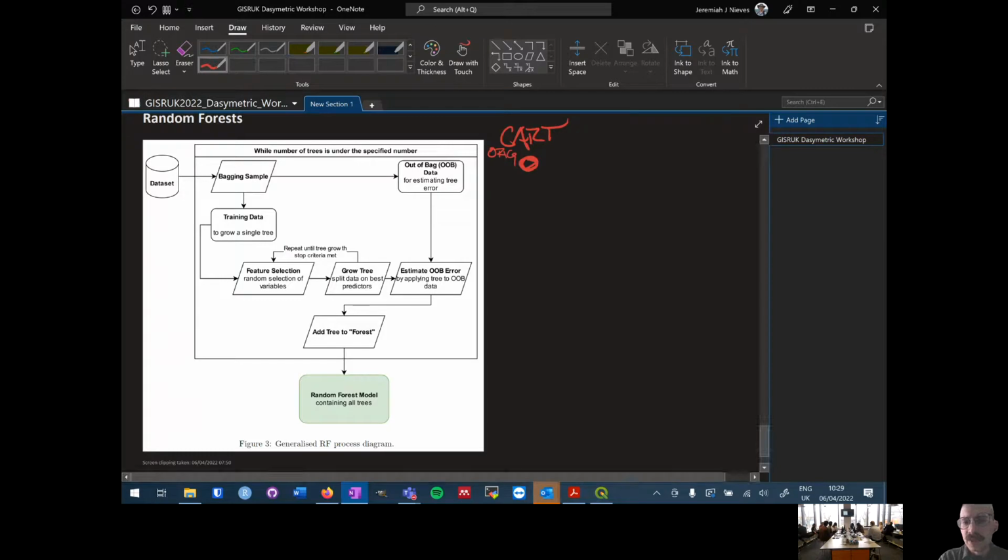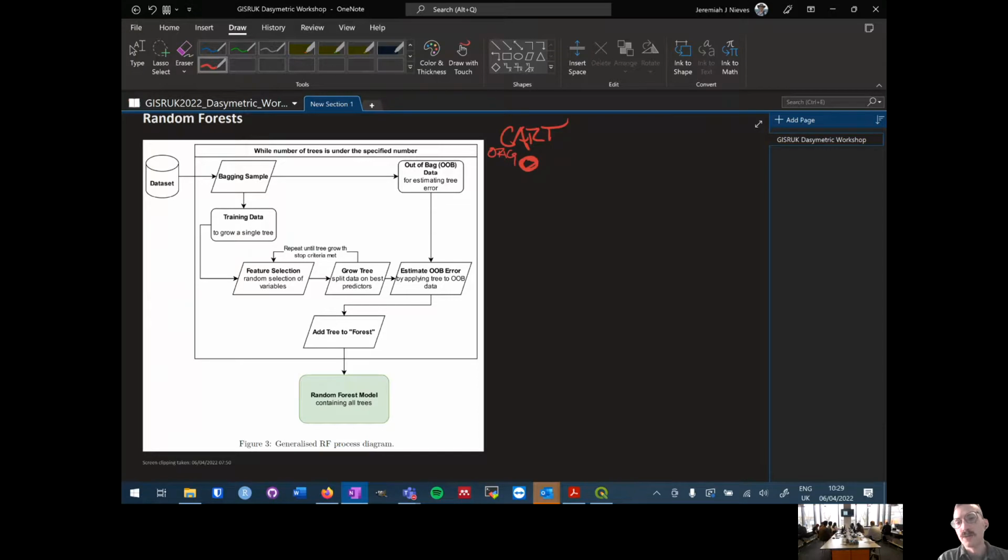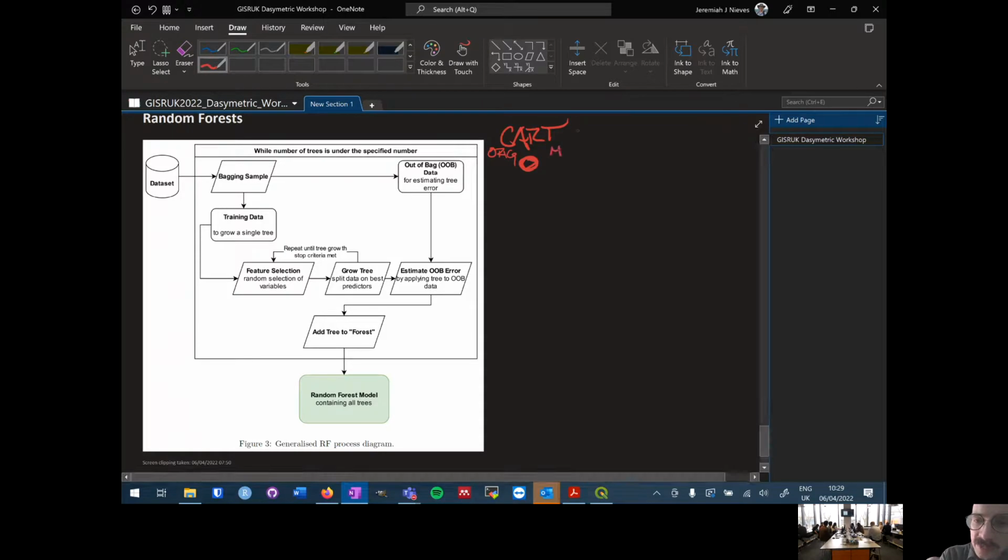You start off with this, and you are trying to iteratively divide this data into smaller and smaller, more homogeneous groups, to then predict, whether that's a classification or a regression of some sort. Let's say we're trying to predict miles per gallon in this case, so the fuel economy of a vehicle.